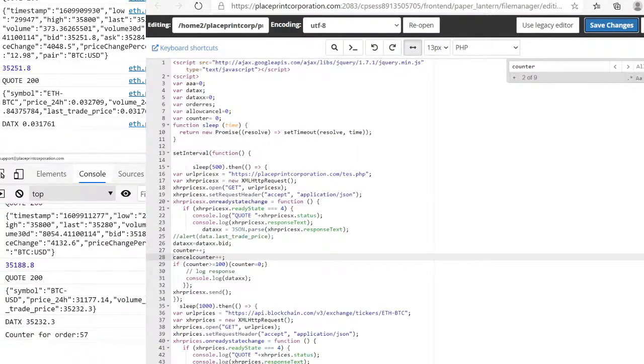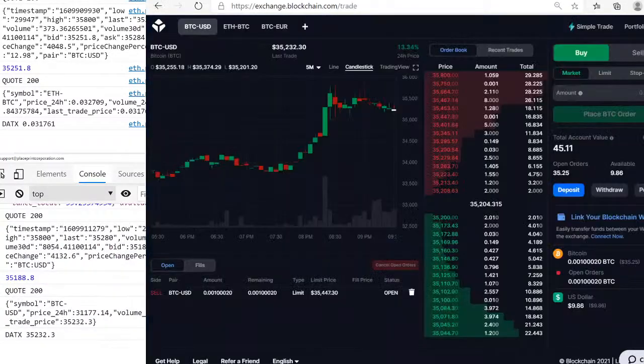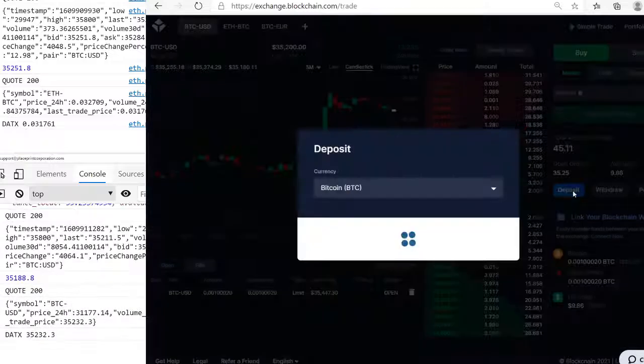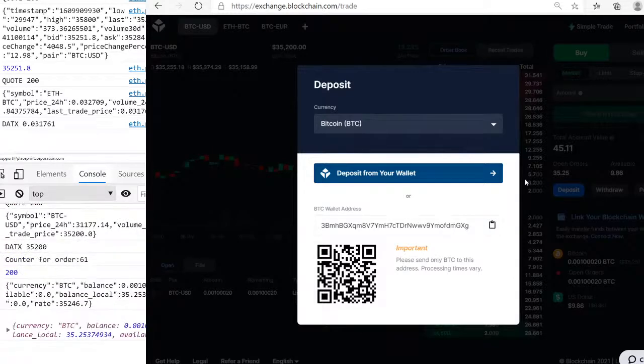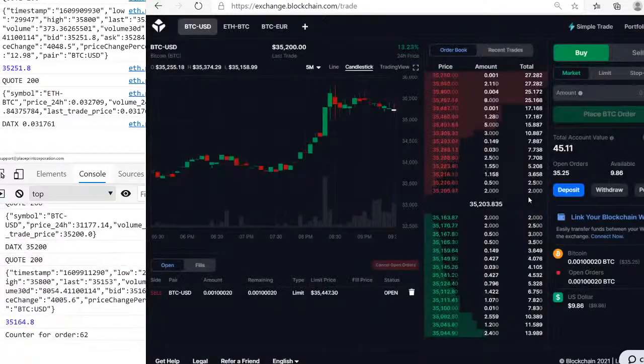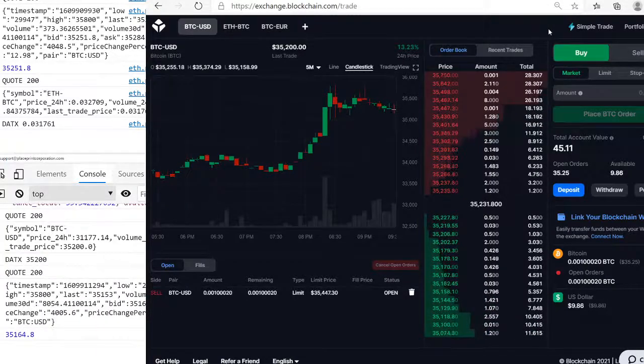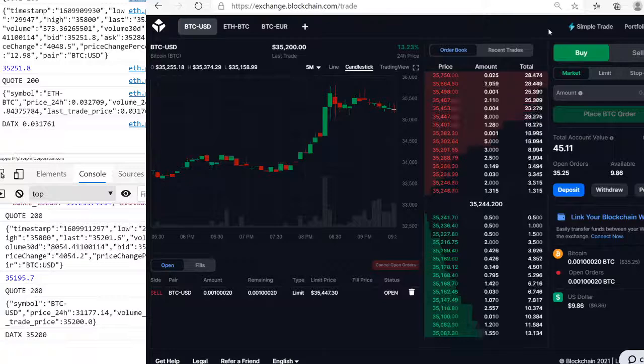Basically, after you send coins here, you just click deposit, and once you get your wallet, you just send it. You can send $50, you can send $100, who knows, whatever you want to do. But there's really no reason, unless you're going to authenticate who you are, to get too crazy.